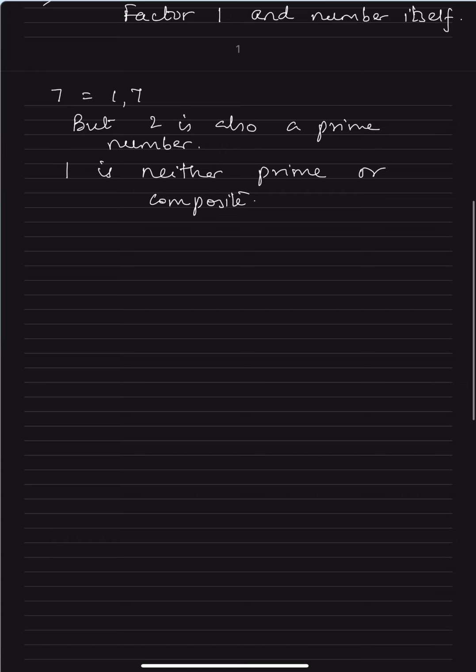Now, next comes irrational numbers. We did rational and now comes irrational numbers. See, you should know these numbers very clearly. That is, a number which is not rational is irrational. That means all the numbers which are in roots, not a perfect square root, but which are in roots.